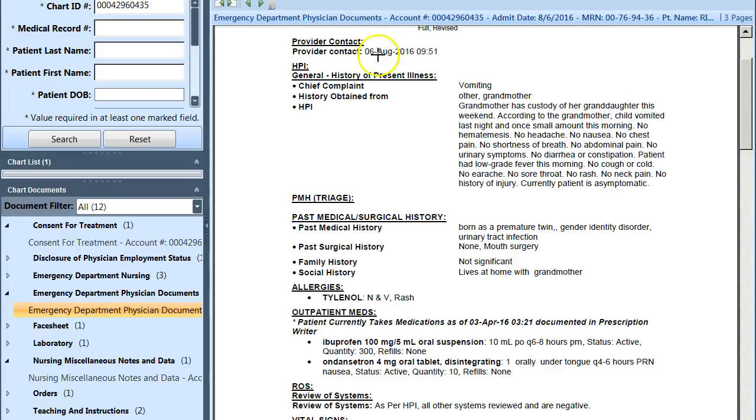I'm sorry, I'm trying to get my markers together. So the chief complaint, and I document this in my note, is that the patient came in for vomiting.